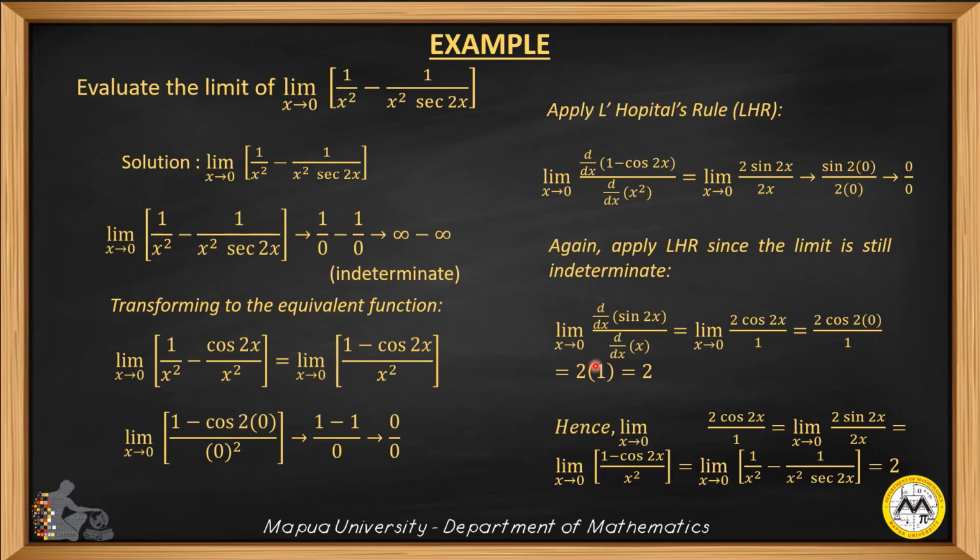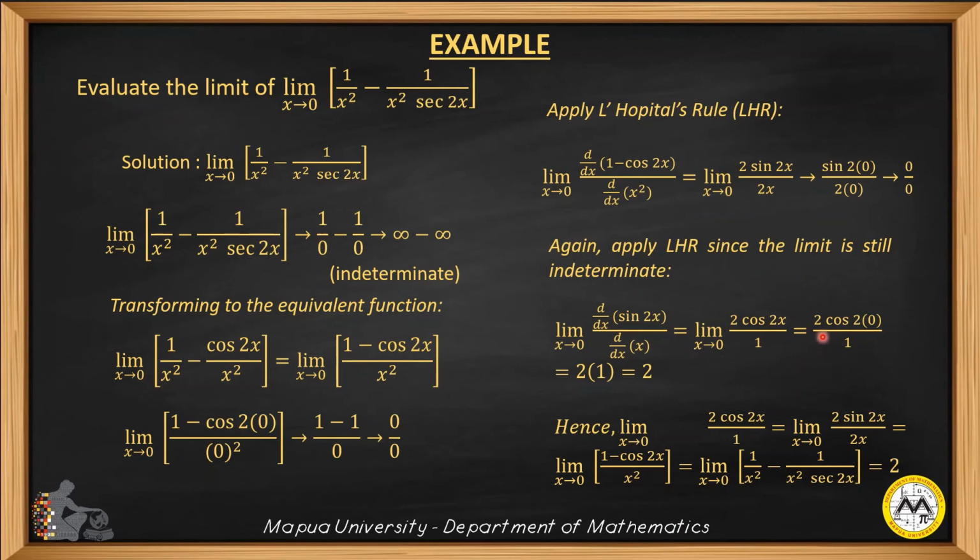As to the derivatives, we will have 2 cosine of 2x for sine of 2x and just 1 for the derivative of x.